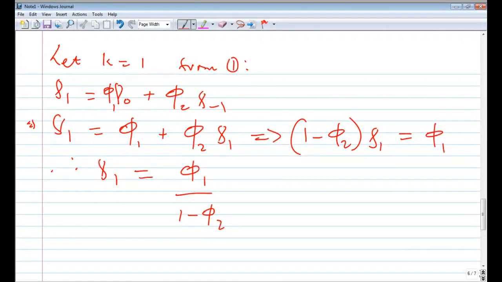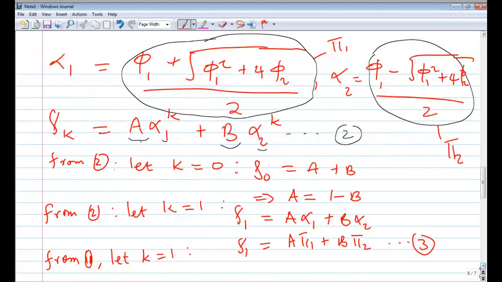So now we calculated the autocorrelation function at lag 1, which is this one. So we can take it and substitute it somewhere, here at equation number 3.